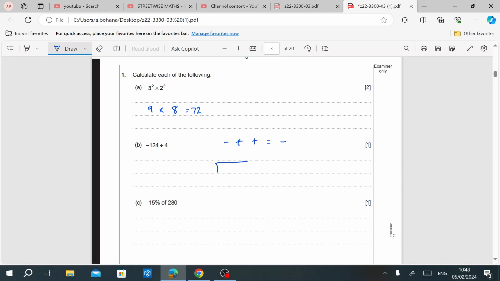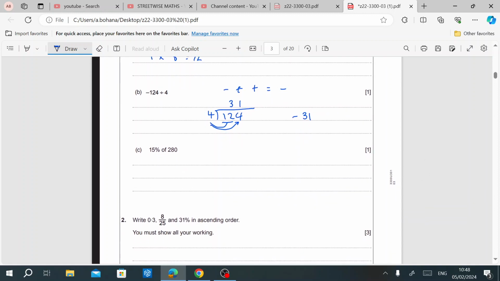So how many times does 4 go into 124? So 4 into 12 goes 3 times. And 4 into 4 goes once, so the answer is going to be 31, but because it's a negative, it's minus 31.